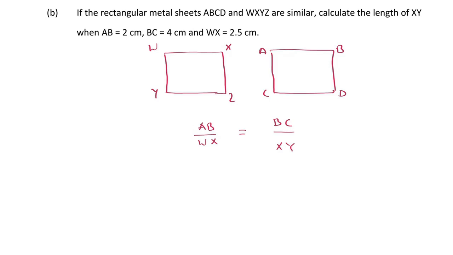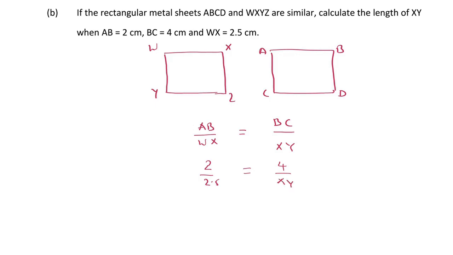So we have the value for AB which equals 2, WX which equals 2.5, BC which equals 4, and we are supposed to find XY. So substituting these values, our equation is going to be 2 over 2.5 equals 4 over XY.